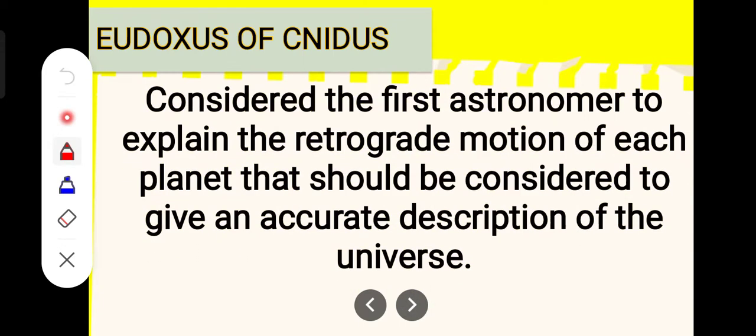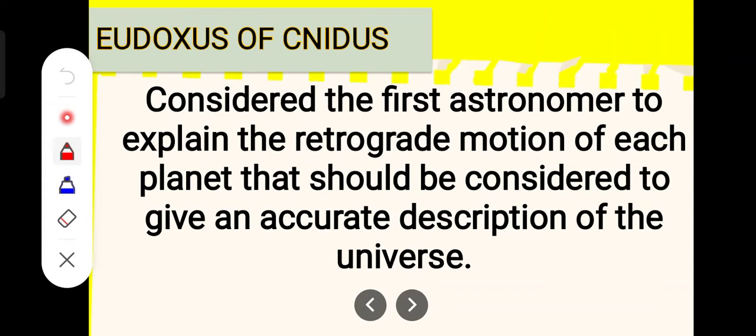Eudoxus of Cnidus is considered the first astronomer to explain the retrograde motion of each planet, which should be considered to give an accurate description of the universe. So he is the first one to explain that the planets are moving around their axis.